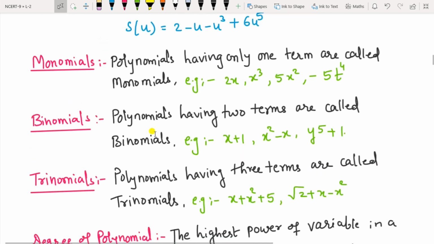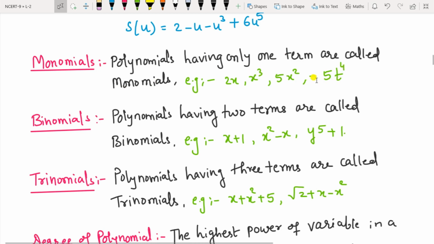Now there are different types of polynomials. First one is monomial. The polynomials having only one term are called monomials. For example, 2x, 3x cube, 5x square, minus 5t raised to 4.